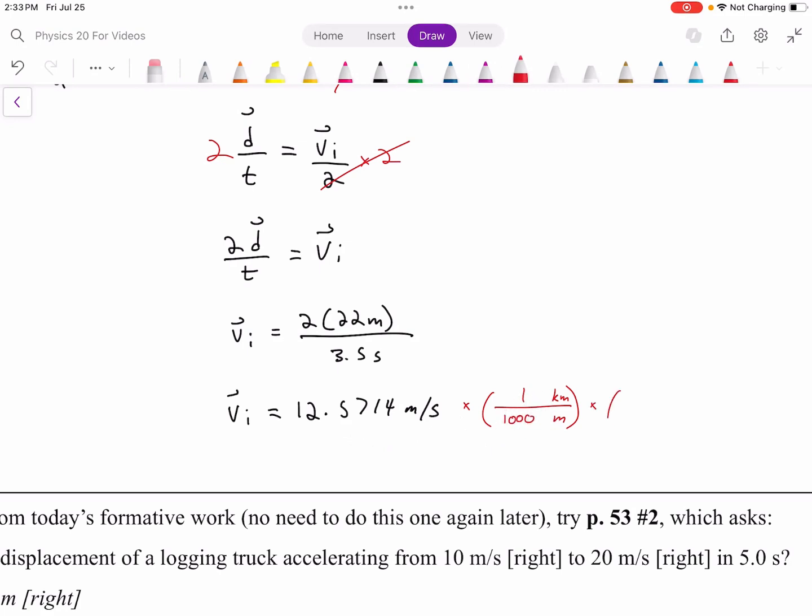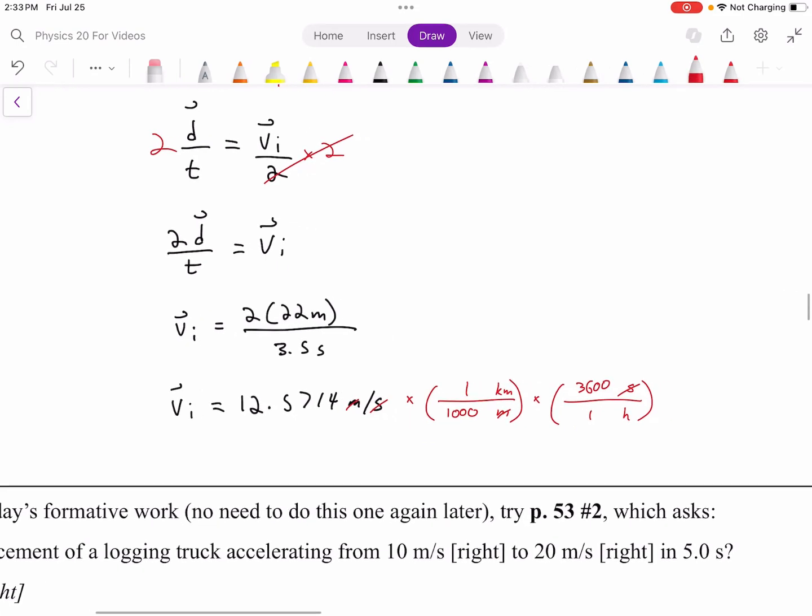But then we don't want to know how many kilometers it went in just 1 second. We want to know how many kilometers it went in a full hour. Okay, so we need to multiply by how many seconds there are in an hour. And again, we can double check that we did that right because we'll have seconds over seconds canceling out there. And there are 3,600 seconds in 1 hour. So again, makes sense. We'll multiply by 3,600 because we want to know how far it would have gone in a full hour, not just 1 second.